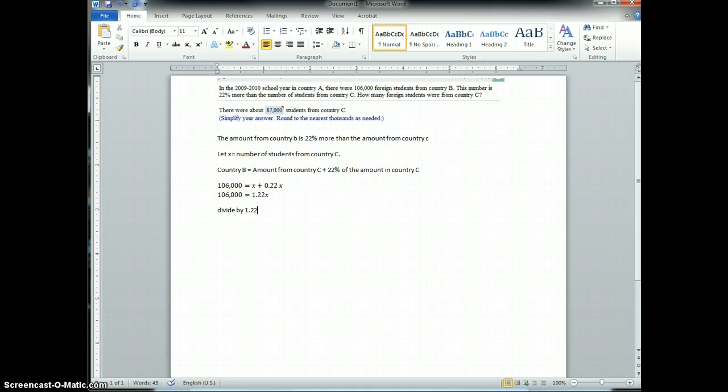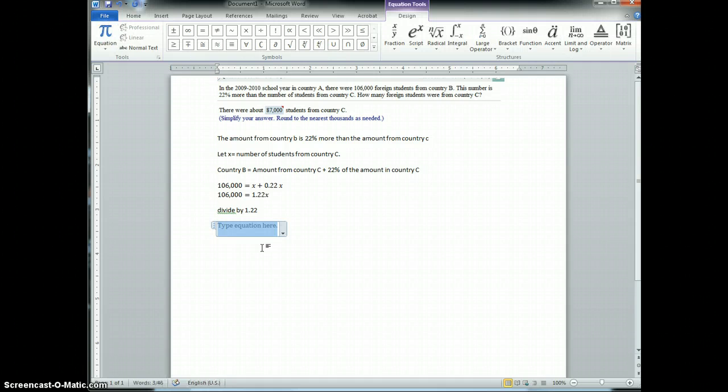When I do that in the calculator, 106,000 divided by 1.22, I get x equals 86885.2459.